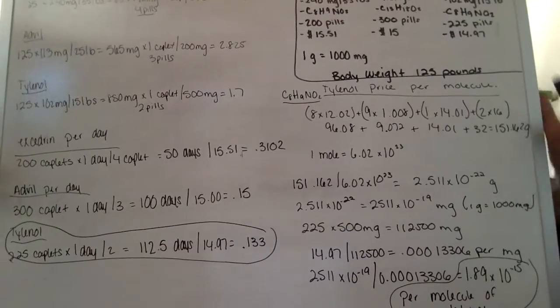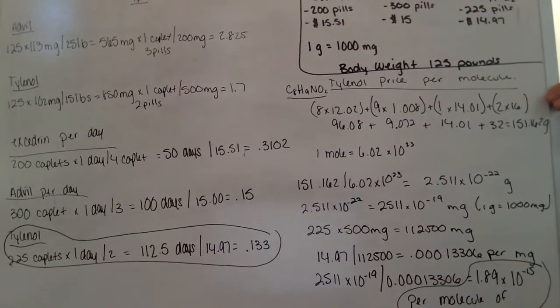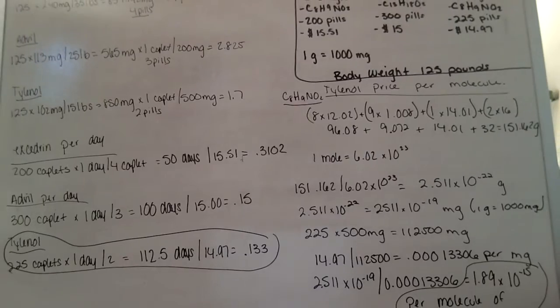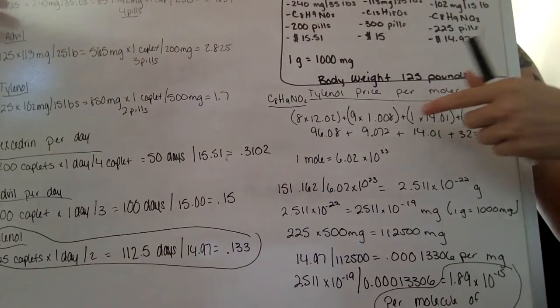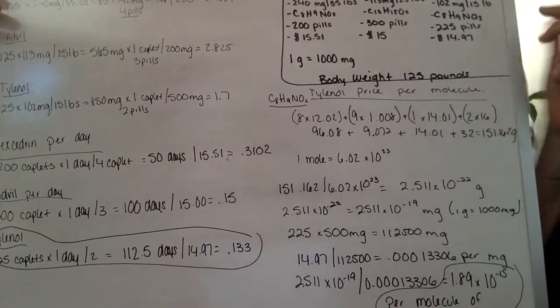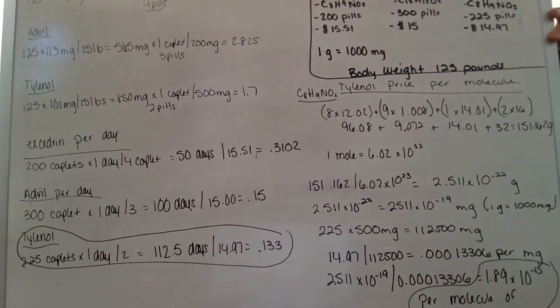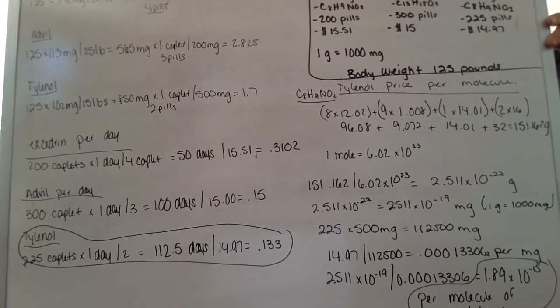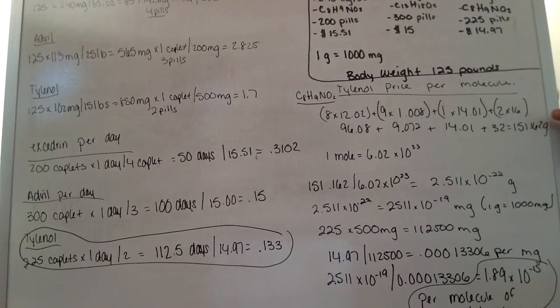So then over here, this is how we got our price per molecule for Tylenol. So if you see over here, we have the formula for Tylenol, which is carbon 8, hydrogen 9, nitrogen, oxygen 2. So first we went ahead and we got the weight for the whole equation.